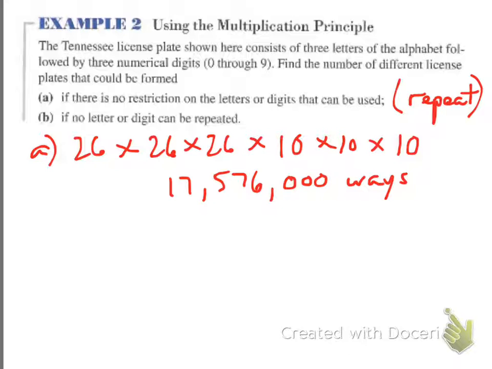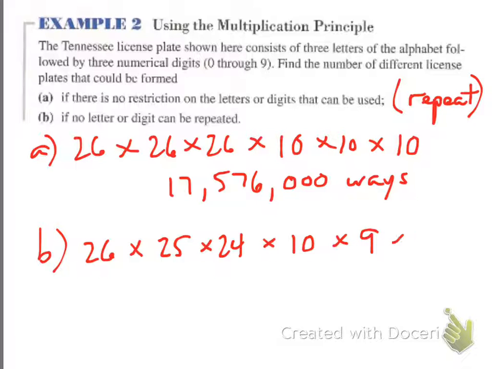Now, Part B says if no letter or digit can be repeated. So now once you choose a letter or a number, that letter or number is thrown out, and now you have fewer choices for the next entry. So you're going to have 26 choices for the first letter, but only 25 for the second, and only 24 for the third. 10 choices for the first number, 9 choices for the second number, 8 choices for the third number.